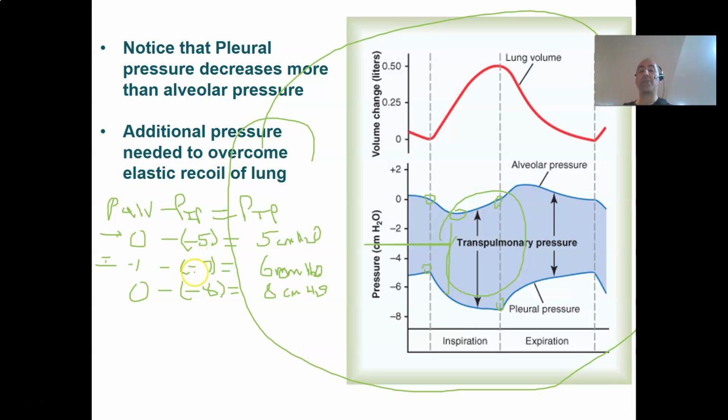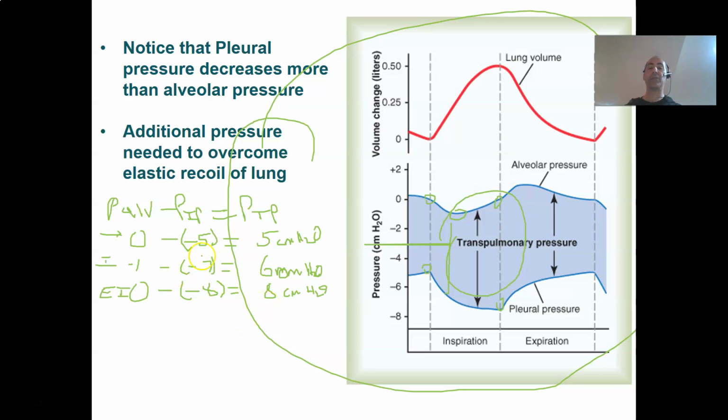Intrapleural pressure becomes more negative, and transpulmonary goes up. Gets bigger, more positive. At the end of inspiration, alveolar is 0. There's no air movement. Pleural pressure has decreased even more, become more negative, and transpulmonary pressure is the greatest.